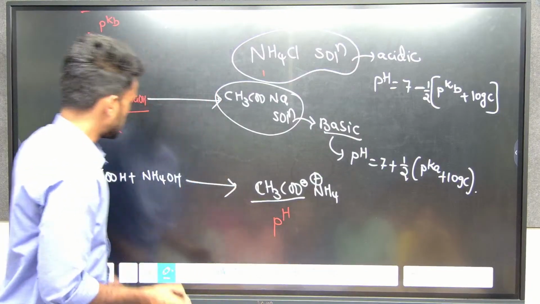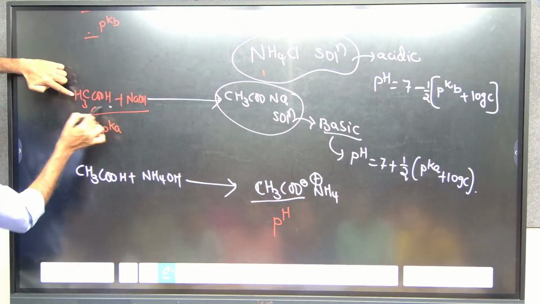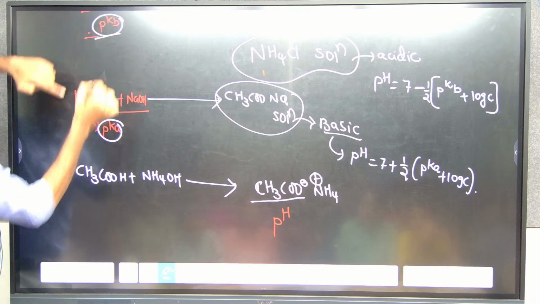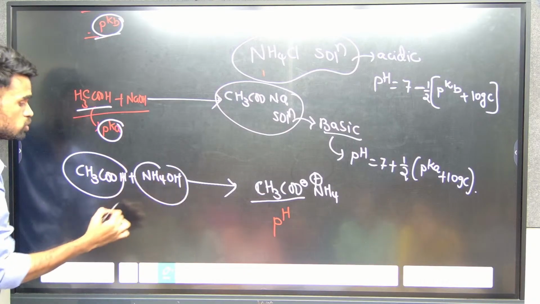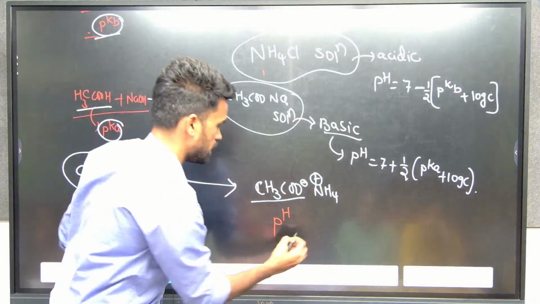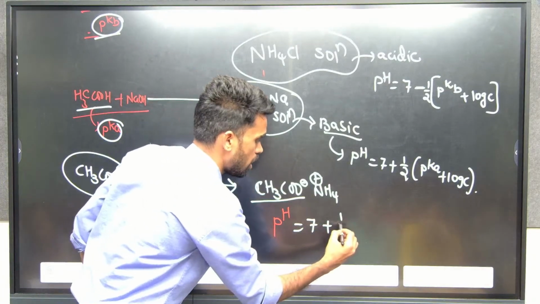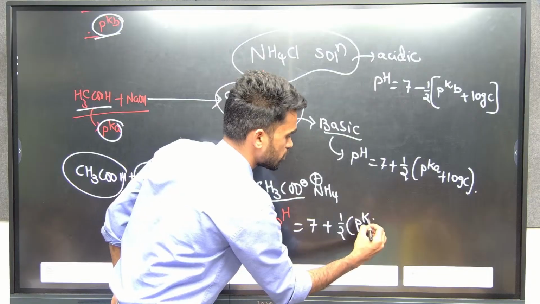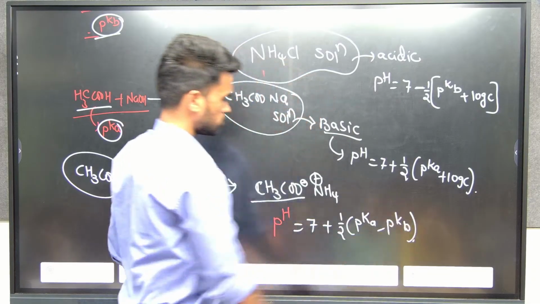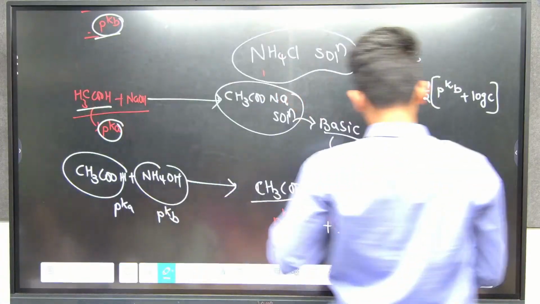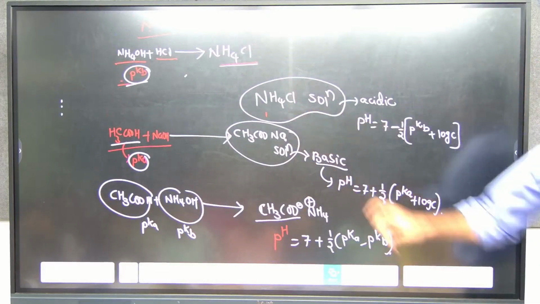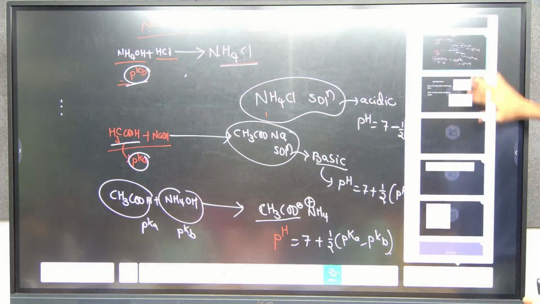See, when I have weak acid, I am using pKa. When I have weak base, I am using pKb. I have both weak acid and weak base, so I should use both pKa and pKb. So you can say this pH equals to 7 plus half pKa minus pKb. That's it. These are the three formulas to be noted. Okay, clear or not? Okay, let me show you one question on this.